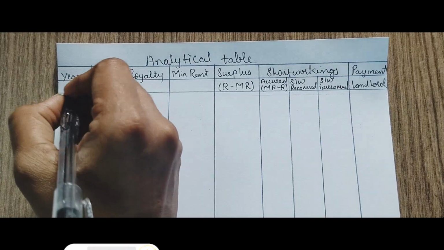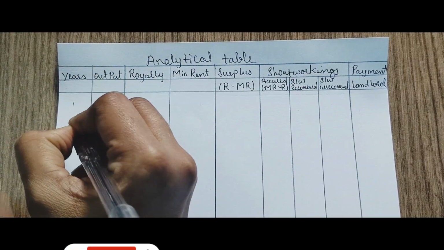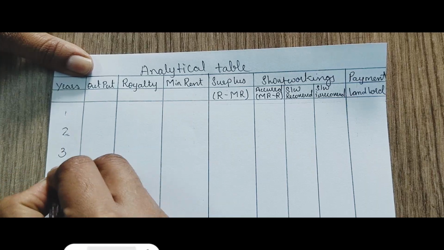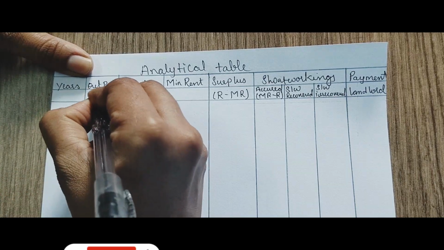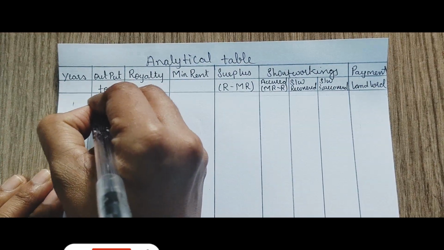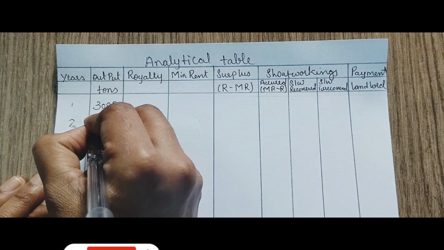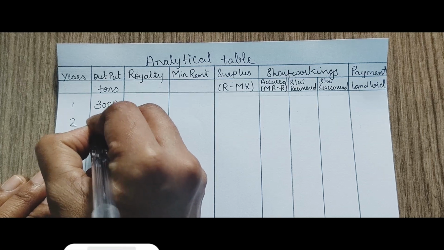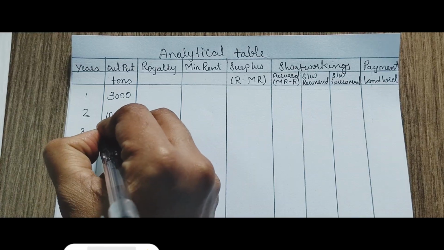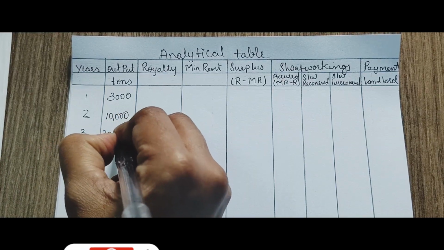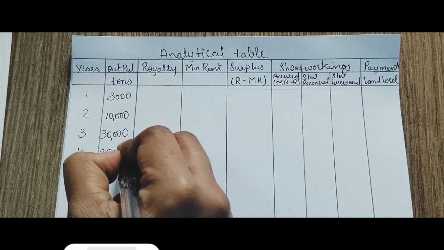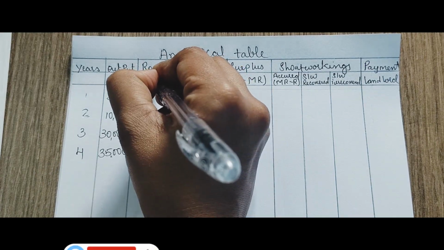Let us solve now. Year, totally 4 years are given: 1, 2, 3, 4. Output is given in tons. What is the first year output? It is 3,000. Second year, 10,000. Third year, 30,000. Fourth year, 35,000. Royalty is given. How much is it?